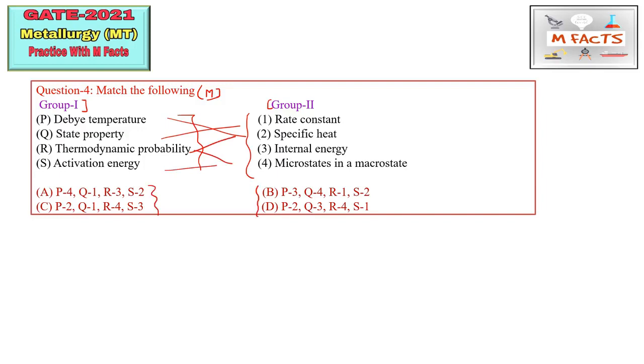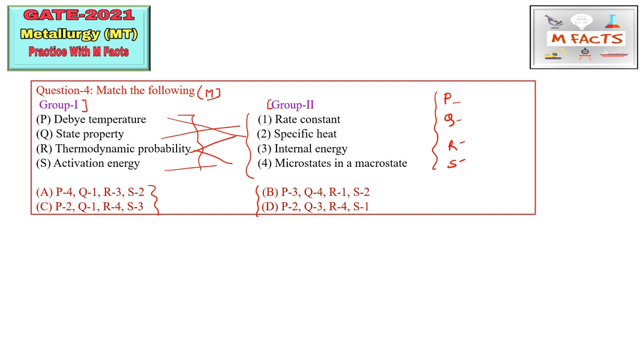Just try to make your own matching code. Write down P, Q, R, S on a blank page and try to match, trying to find the common one or the odd one and just try to make the code. Sometimes you will get it easily, and you will be easily eliminating options by making these codes.